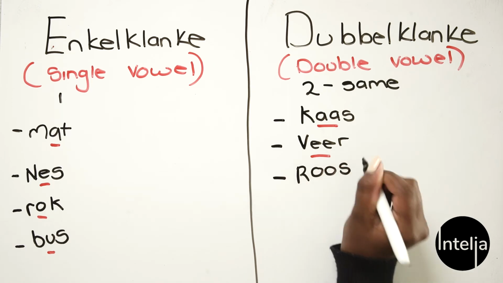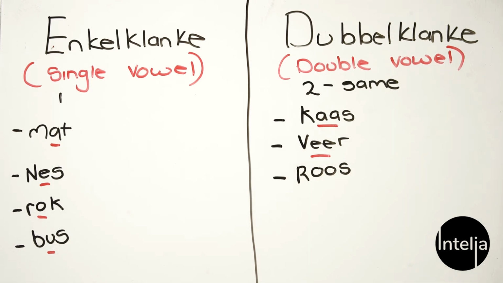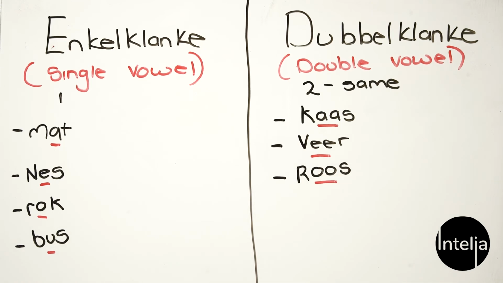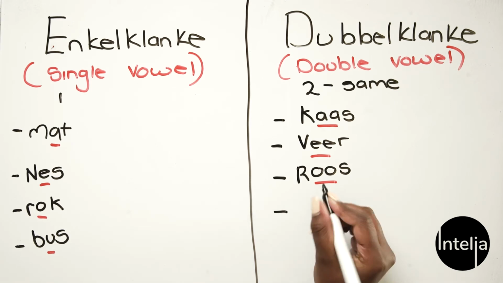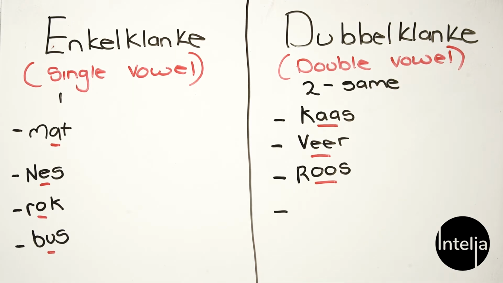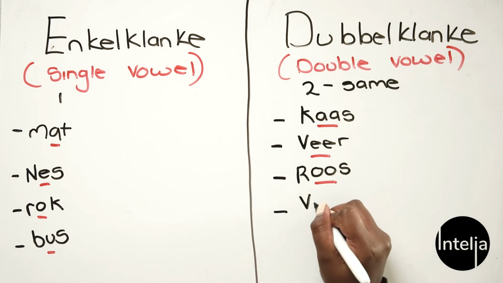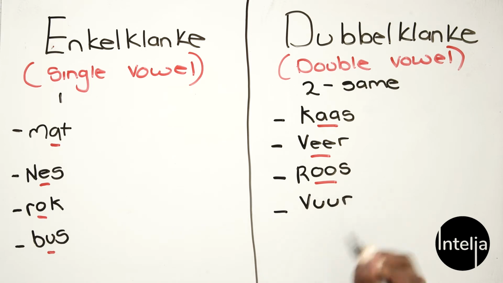Roos, which is a rose. Great job, guys. Last but not least, can you give me a word in Afrikaans with two U's? That's right, vuur, which means fire.